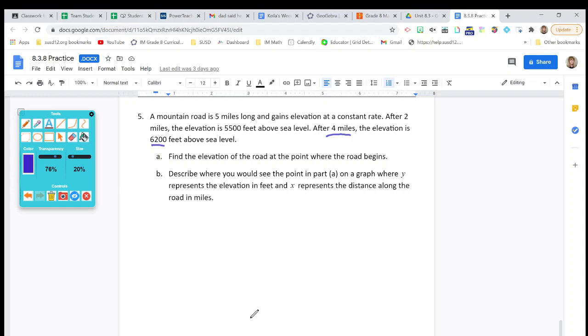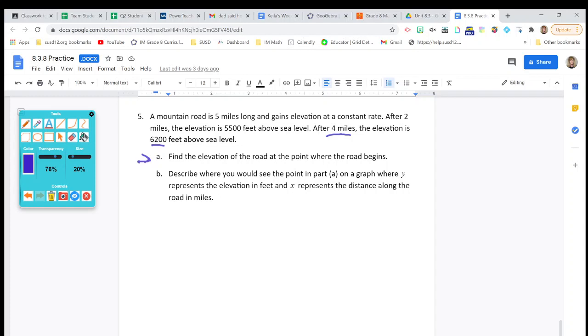Ooh, I can already tell we need a rate. Question A. Find the elevation of the road at the point where the road begins. B. Describe where you would see the point in part A on a graph where Y represents the elevation in feet and X represents the distance along the road in miles.